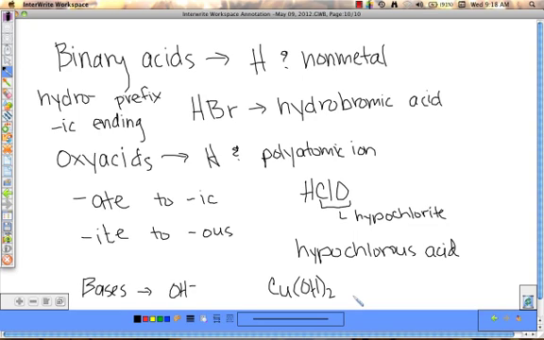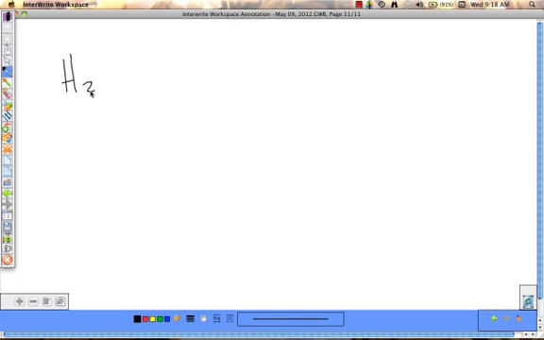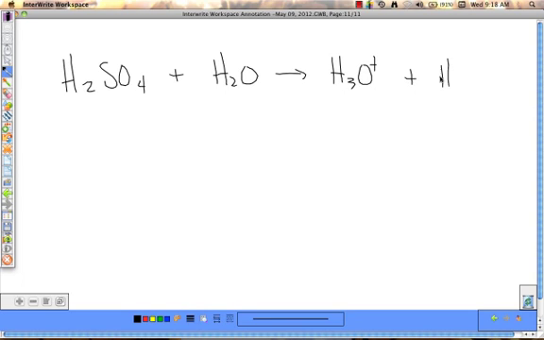Okay, determining conjugate acid-base pairs. Let's say we have this reaction. What is our acid? H2SO4. And how do you know that?